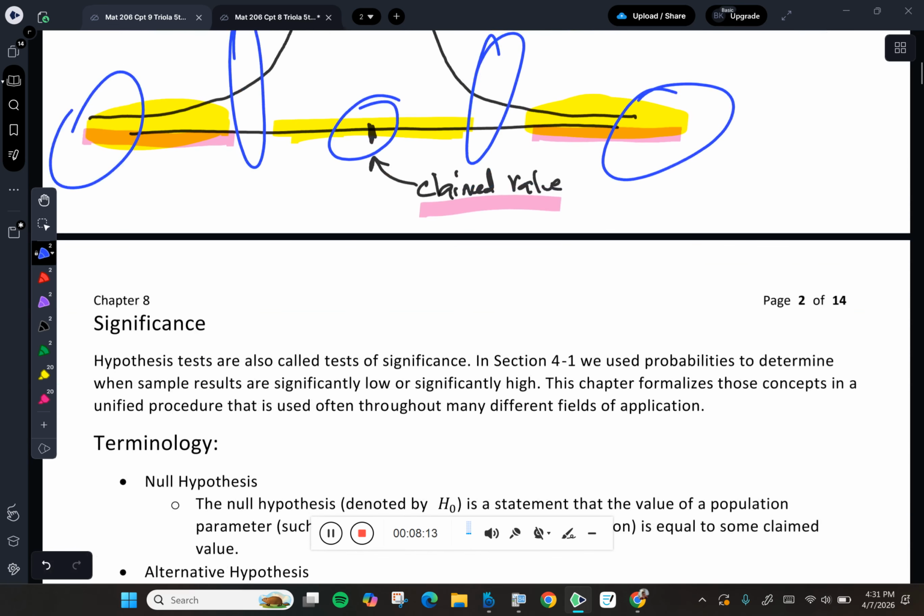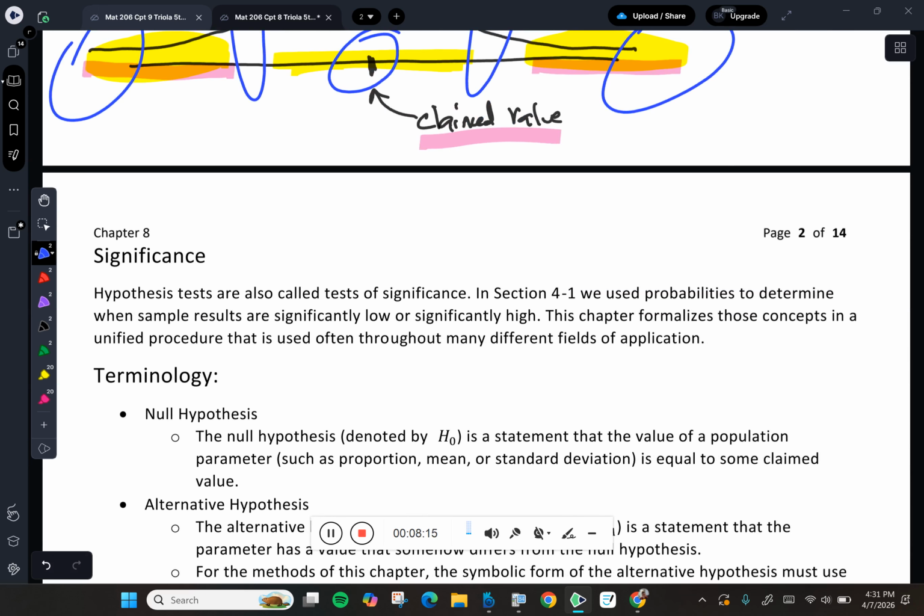The way that we're going to measure that is we're going to use something we're going to call significance. Because hypothesis tests are also called tests for significance, and we use probabilities to determine significantly low or significantly high, the significance of the test is what's going to be used to set those cutoff values.